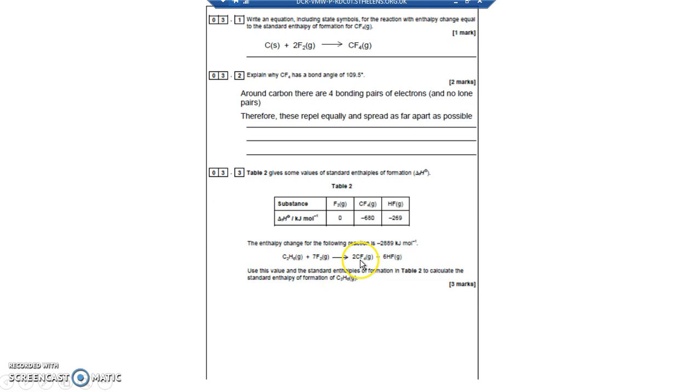So what you need to know is that the overall enthalpy change, which is given here, delta H, is minus 2889. That equals the enthalpies of the products, so 2CF4 and 6HF, those two added together on the right hand side, subtract the enthalpies of formation of these two, so 1 C2H6 and 7 F2. We don't know the C2H6, it's not given to us, so that's what we've got to work out.